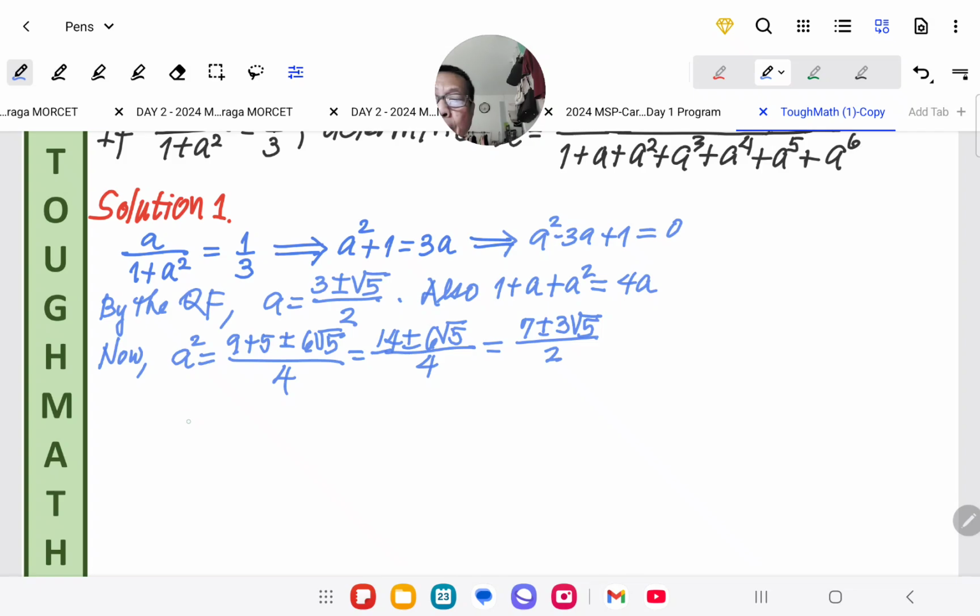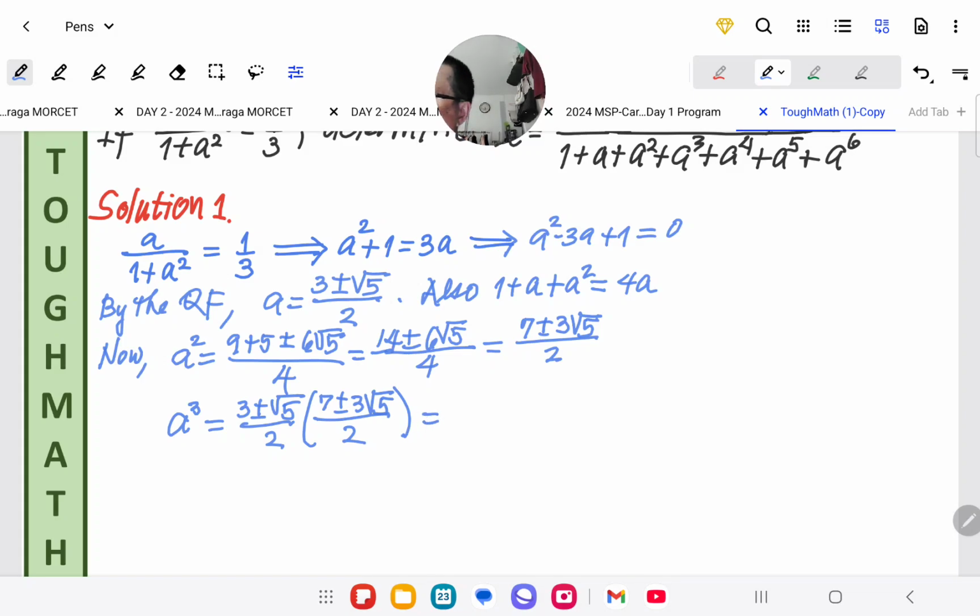Similarly, a cubed is equal to 3 plus or minus the square root of 5 over 2 times 7 plus or minus 3 square root of 5 over 2.